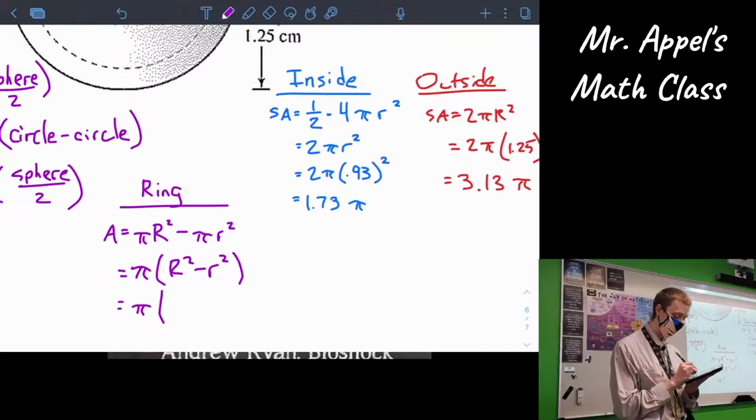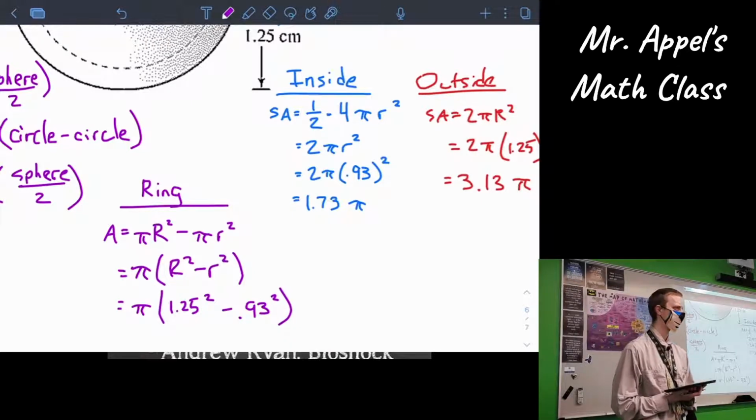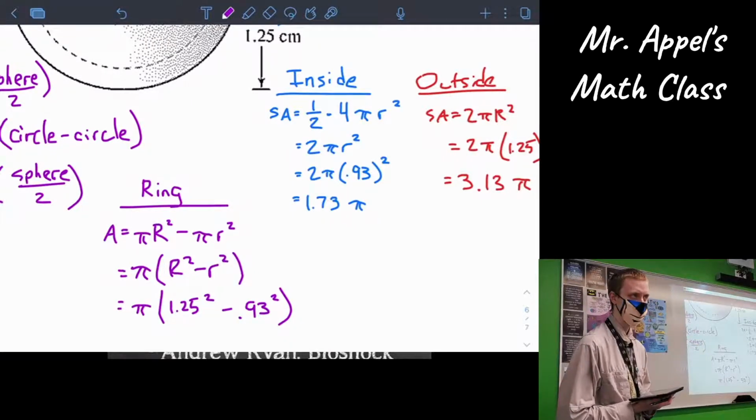So it's going to be pi times 1.25 squared minus 0.93 squared. We know our r's, very convenient.